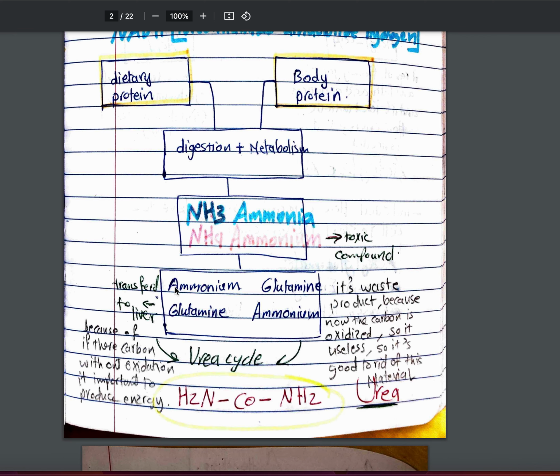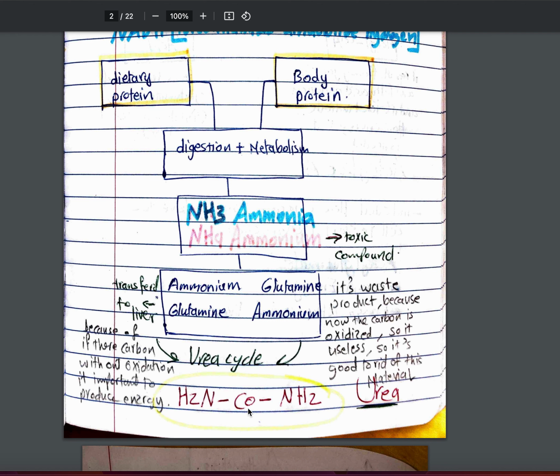Then ammonium and glutamine go through this cycle, and all of this leads to the urea cycle. We know that all of this happens inside the mitochondria of the liver and the cytosol of the liver, the first reaction of the urea cycle, and that leads to the production of urea.